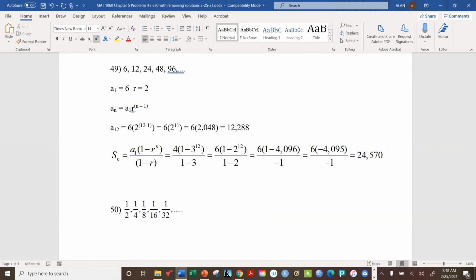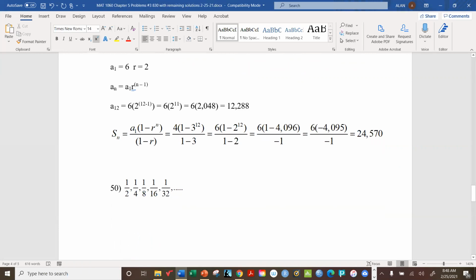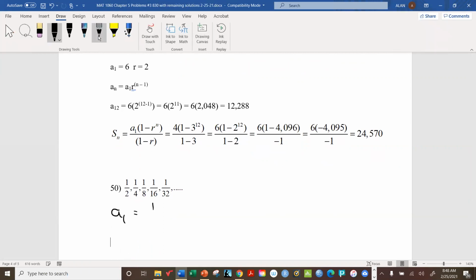Let me do this one by hand because it'll be easier. The common ratio, it turns out, is also 1/2. You can tell because if you take 1/2 times 1/2, you get a 4th. If you take a 4th times 1/2, you get an 1/8. And that's what's generating this geometric sequence.